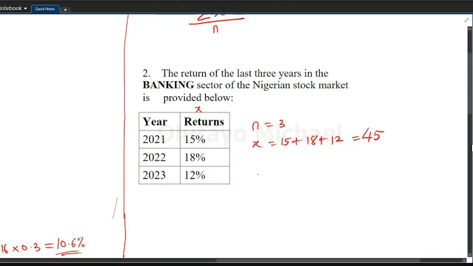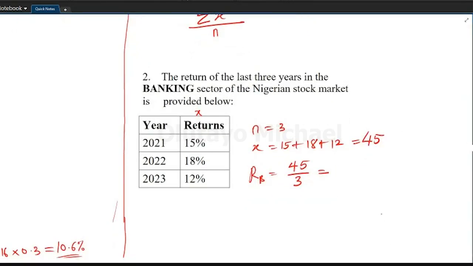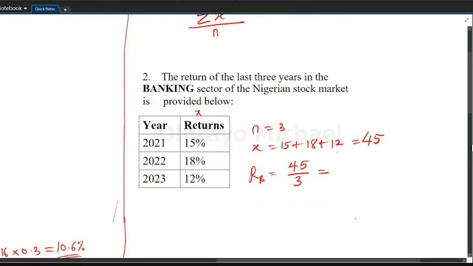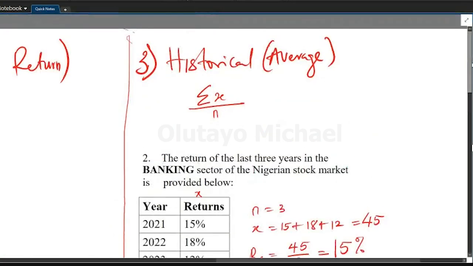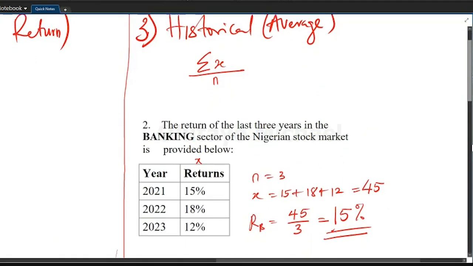So the return on banking sector will be summation x, which is 45 divided by 3, and that gives 15%. So this is the computation of return on single asset portfolio using historical average.